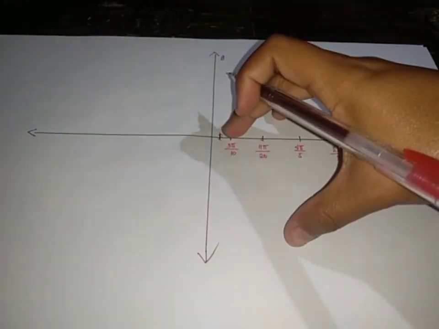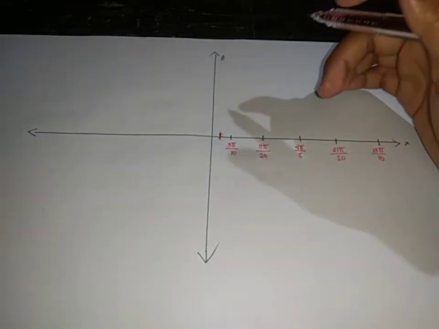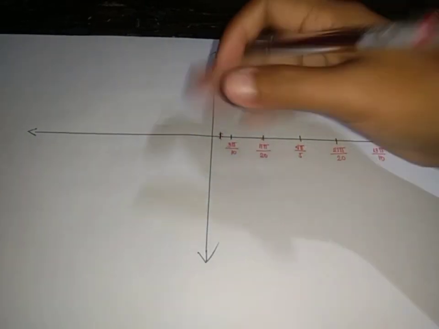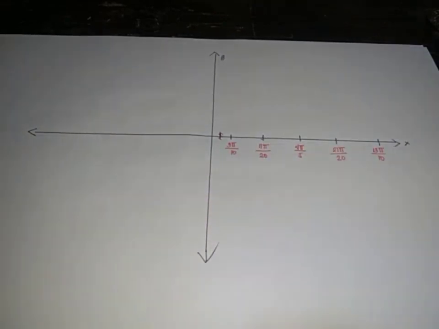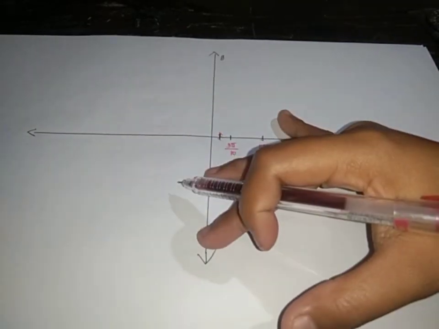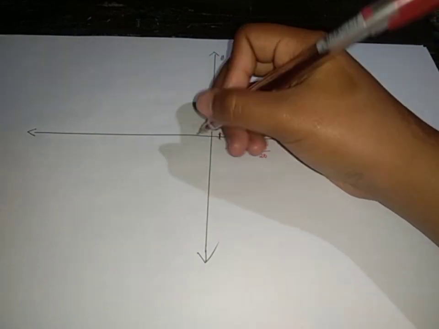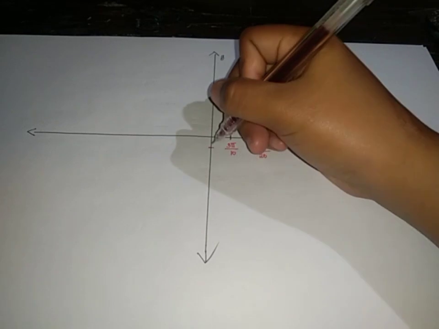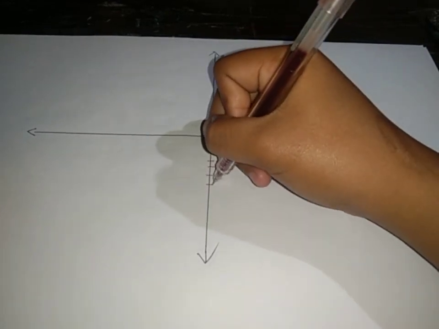So in our graph, in the lower part of our y-axis, we are going to start numbering 1, 2, 3, 4, 5, 6.